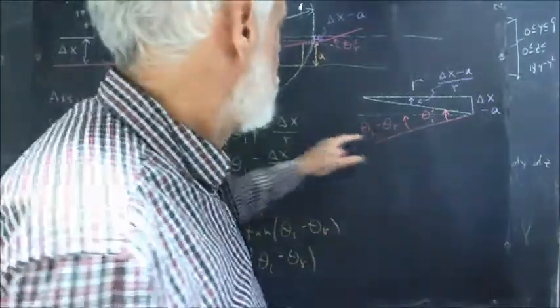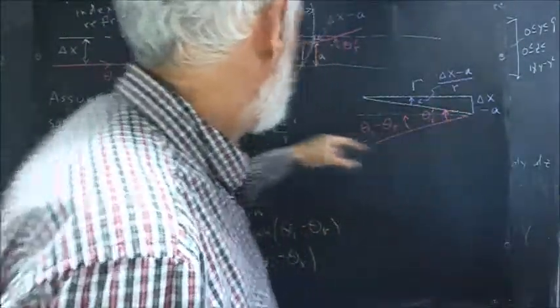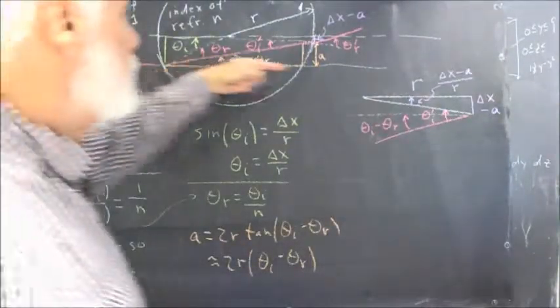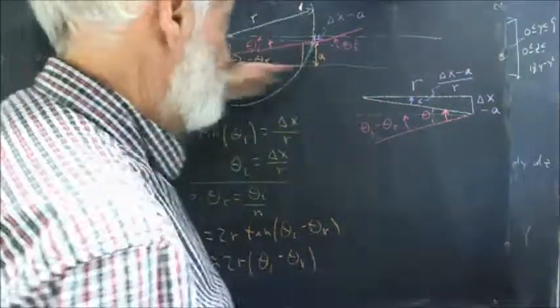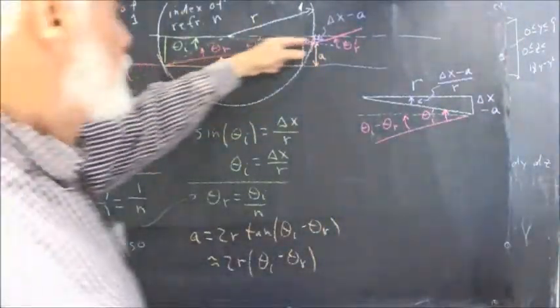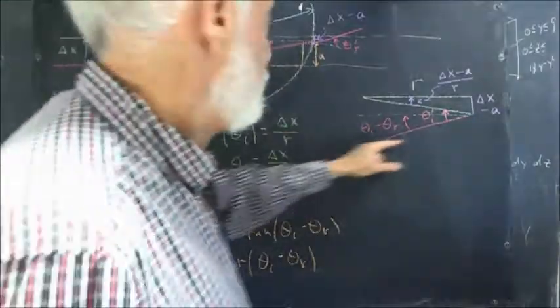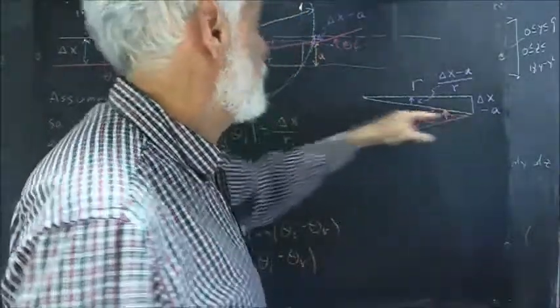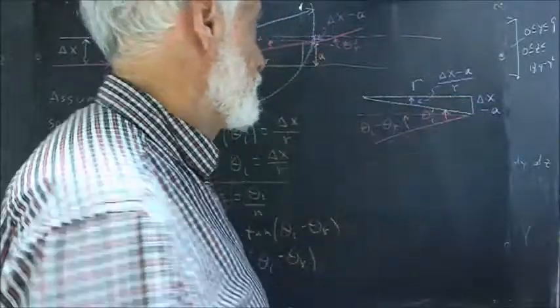Now we have angle theta I minus theta sub r, which is the angle made by the original direction, what we would regard as the horizontal direction, even the x direction, with the ray as it approaches this point. So here's your angle theta I minus theta sub r. I've drawn a dotted line that's intended to be parallel to the axis.